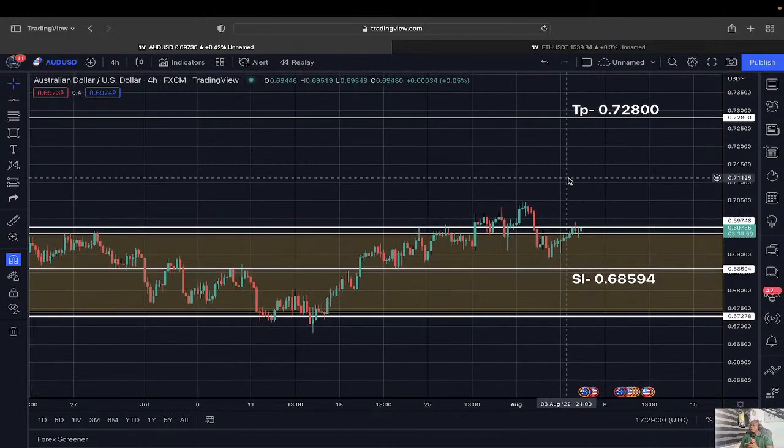Now let's jump straight to what you guys are suggesting. Let me see the currencies. I'm seeing more of Euro USD, Euro USD, gold.